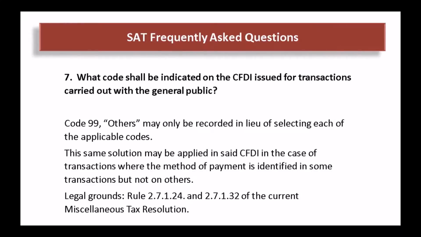Another question: what code shall be indicated on the invoice issued for transactions carried out with the general public? We know that companies that have transactions with the general public are not obligated to issue one XML per transaction. They have the option of maybe creating one invoice for the transactions of the entire month or one on a weekly basis as they decide.